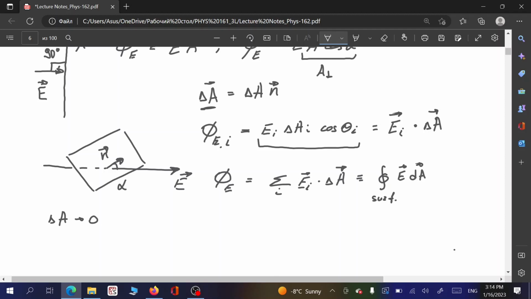You may already think about this and understand that if the source of electric field or any other vector field is located outside of a closed surface, then it doesn't matter how it will be placed with respect to this closed surface. The net flux of this electric field created by the source we are considering will be equal to 0. So the net flux through a closed surface when the source of electric field is outside the closed surface will be equal to 0, but we will show this on some examples.